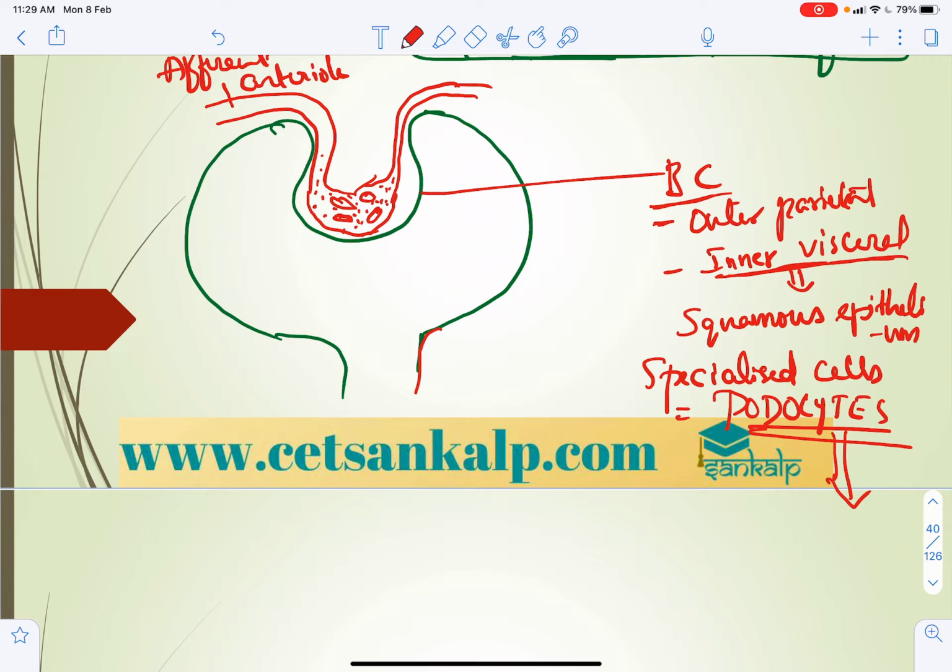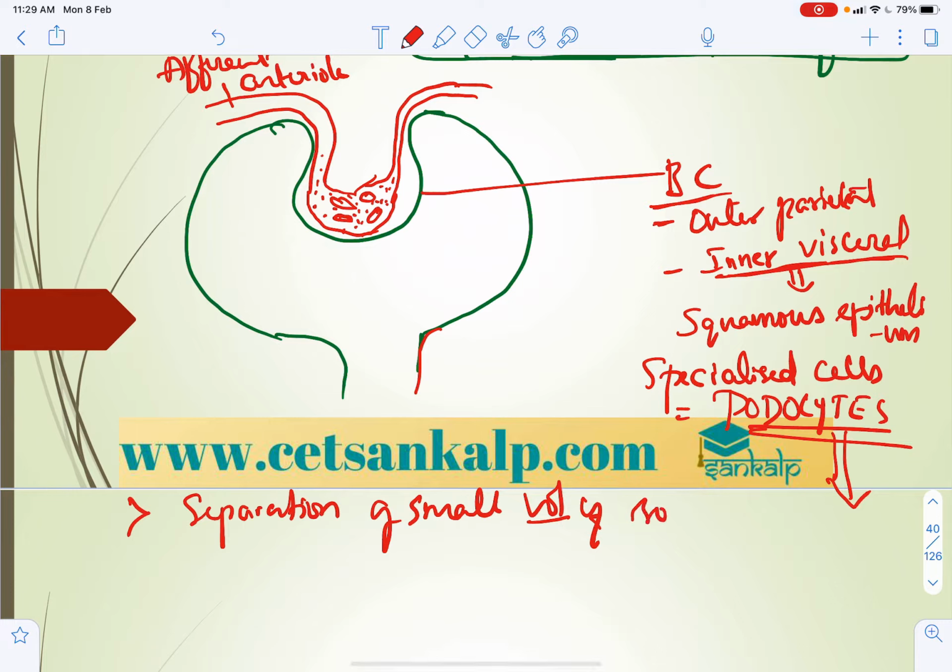So what exactly is ultrafiltration? It is the separation of a small volume of solutes from a large volume of the solutes present in the blood.